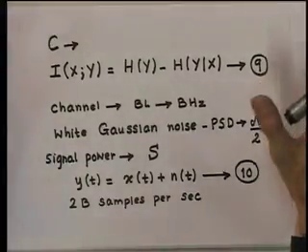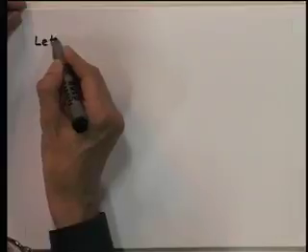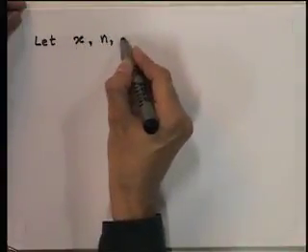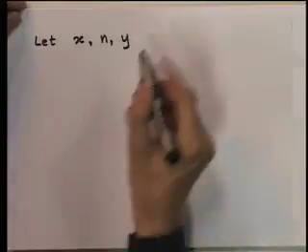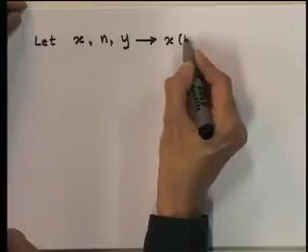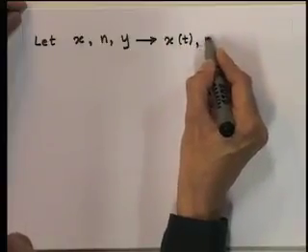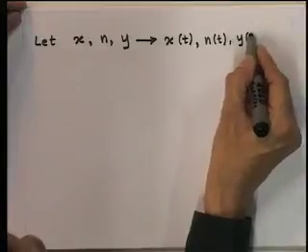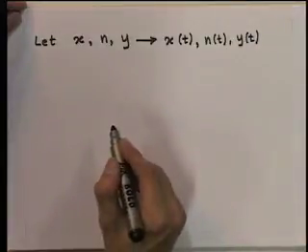So, let us find the maximum information that can be transmitted per sample. Let x, n, y represent samples of x(t), n(t) and y(t) respectively.